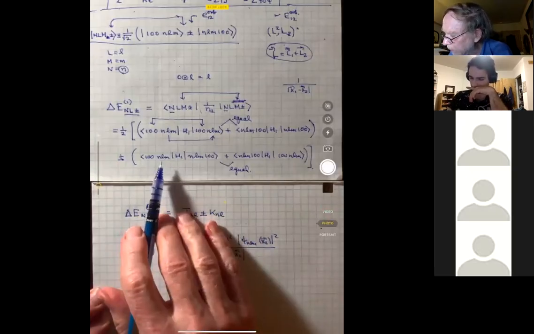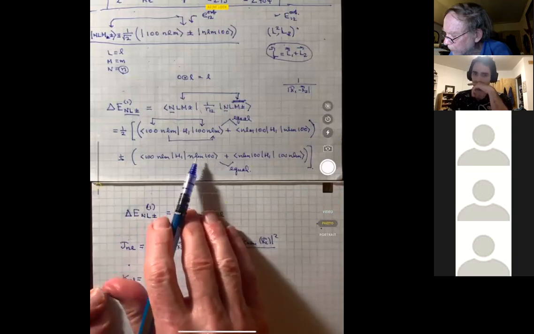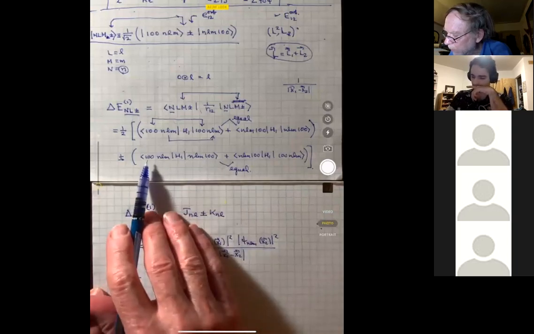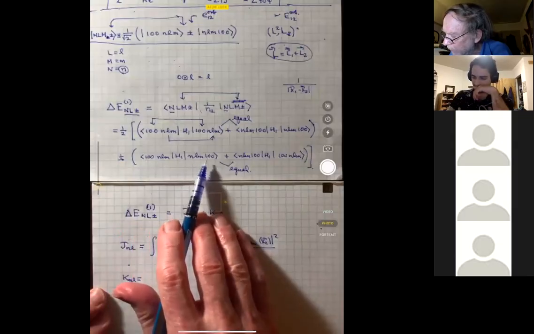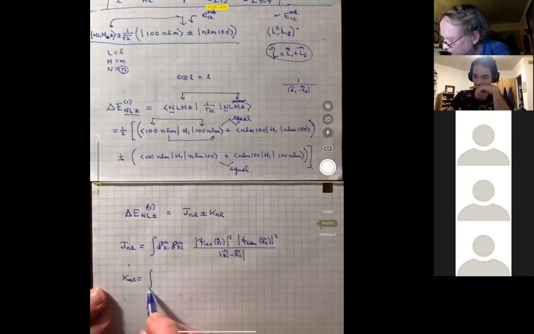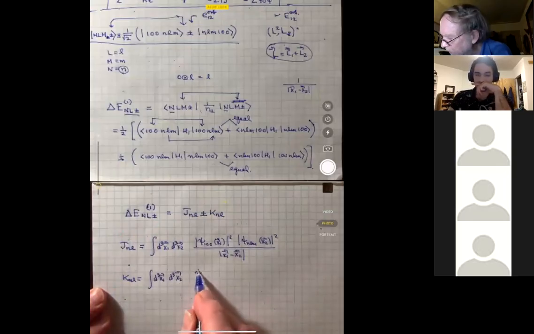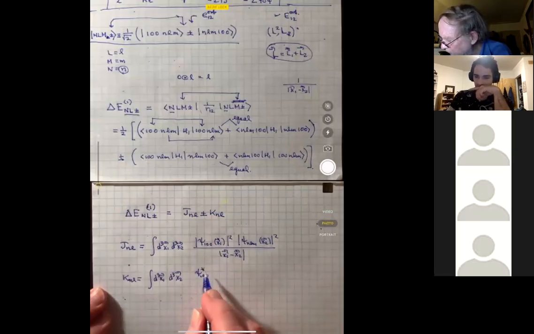So that's this part here. What's happened is the orbital labels are swapped. So we've got a psi star 100, psi star NLM, a psi of NLM, and a psi of 100. So this is equal to the integral, just write it out explicitly, d cubed x1, d cubed x2. Am I running off the paper yet? Not quite. So we have a psi 100 star of x1, a psi NLM star of x2.